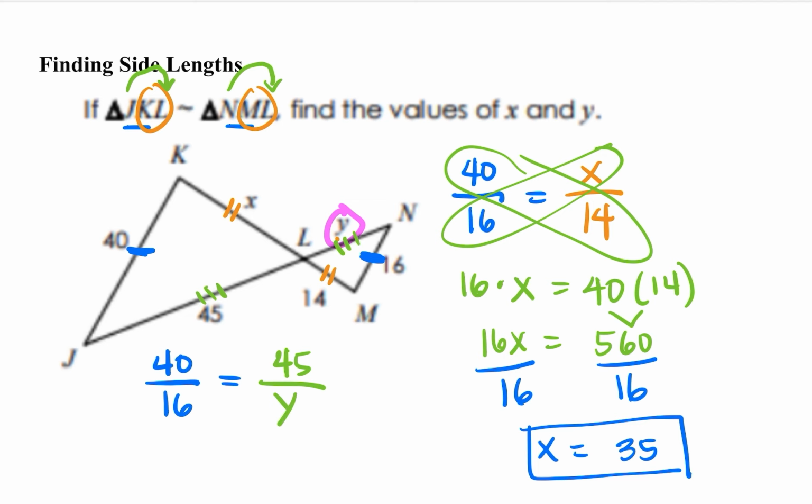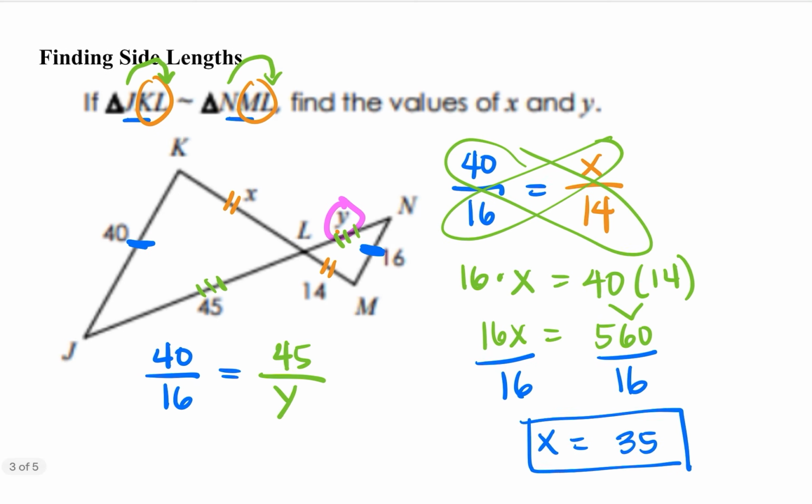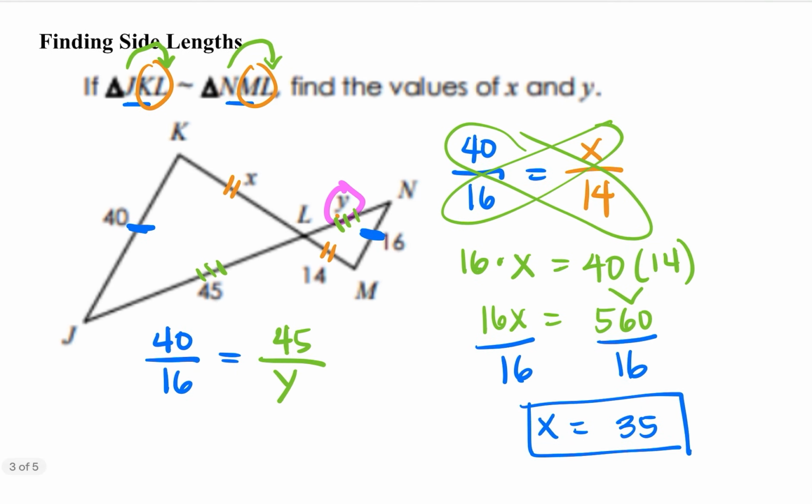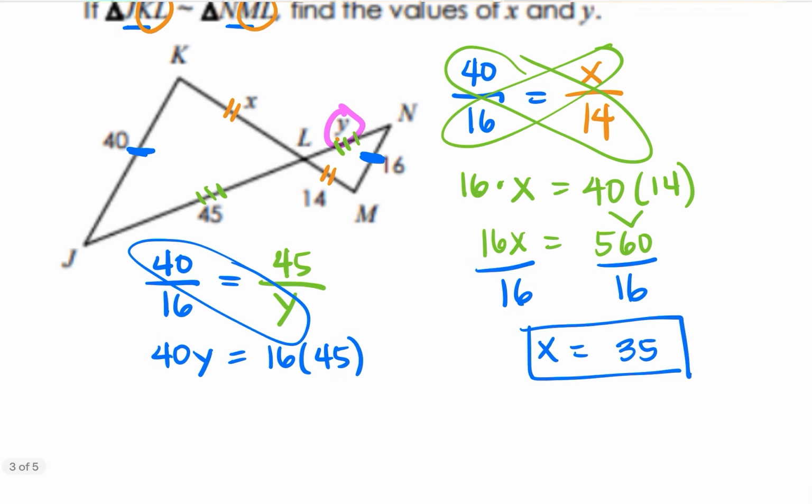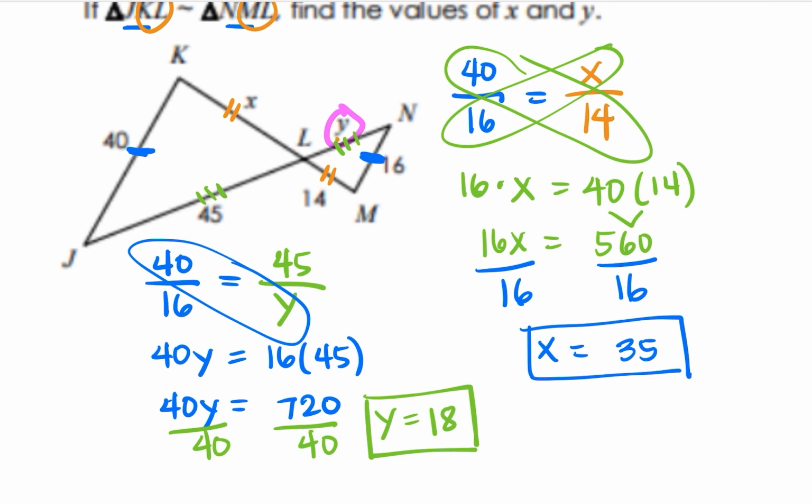So I'm going to write y on the bottom. We've got to be careful with how we set up our proportion. Now we apply cross multiplication, or the butterfly method. 40 times y is 40y, and 16 times 45 is 720. Isolating y, we divide both sides by 40. So y is equal to 18.